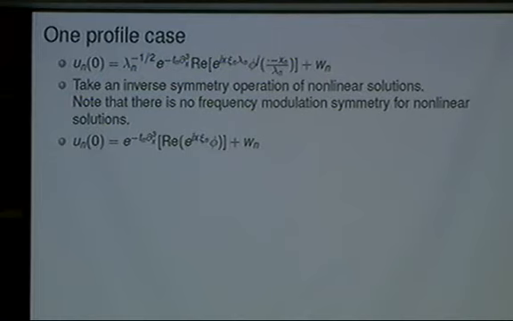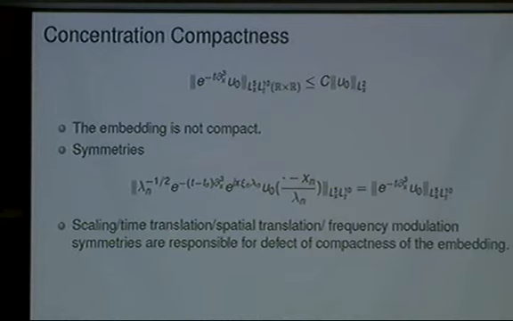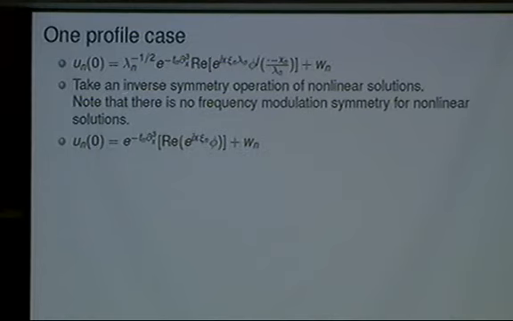But we are going to use the symmetry operations of the nonlinear solution. For the linear solution we have seen the symmetries like scaling, time translation, spatial translation, and frequency modulation. But at the beginning I explained that there are three non-compact symmetries for the nonlinear solution: time translation, spatial translation, and scaling. There is no frequency modulation symmetry, so that is the big issue in this argument.